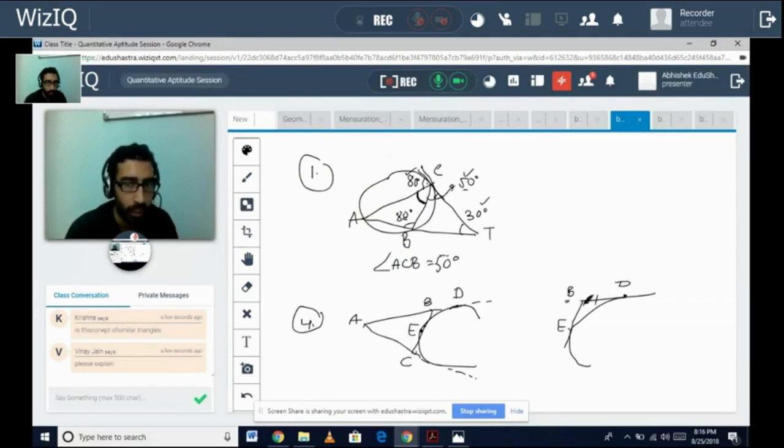Won't they be equal? Absolutely, both tangents from the same external point.